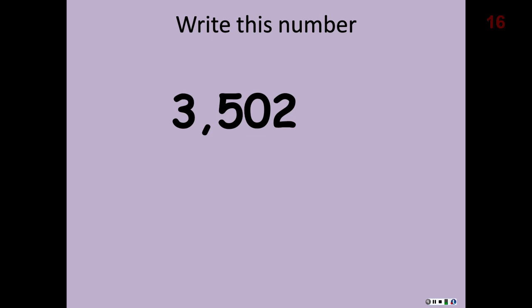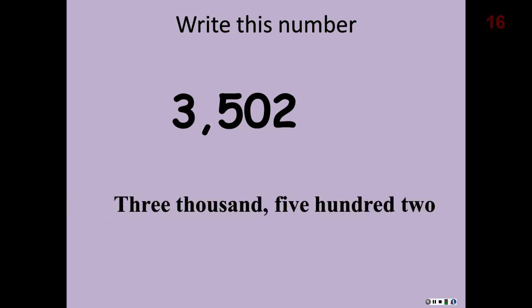Three thousand what? Comma. Three thousand, comma, what? 502. So you should write the words three thousand, then a comma, five hundred two. Spelling counts.